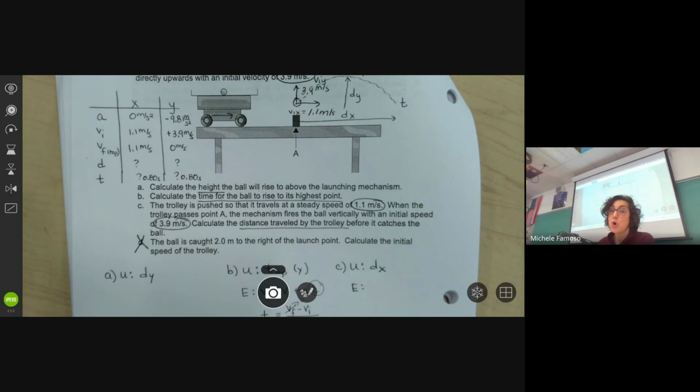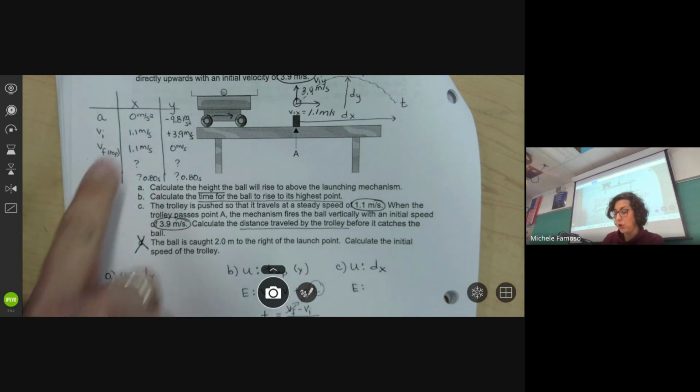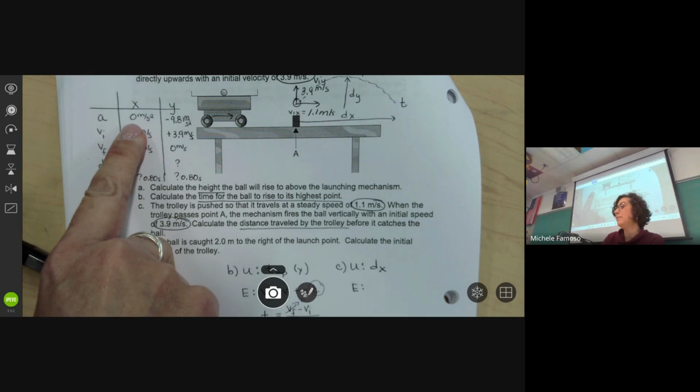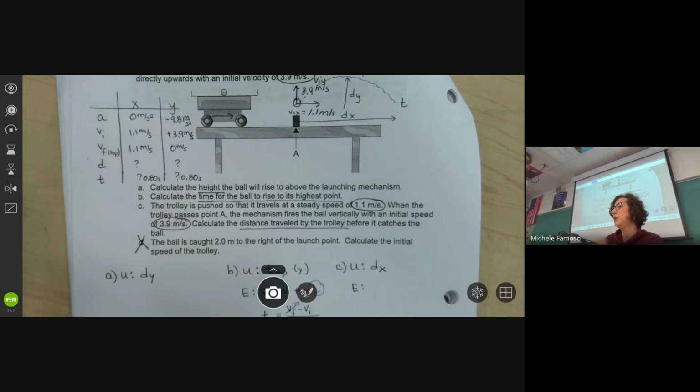Now we could, but that won't get you the answer because notice that D in that equation is multiplied by A. And look at what A is in the X direction. It's 0. So that won't enable you to get the D because the A is 0.